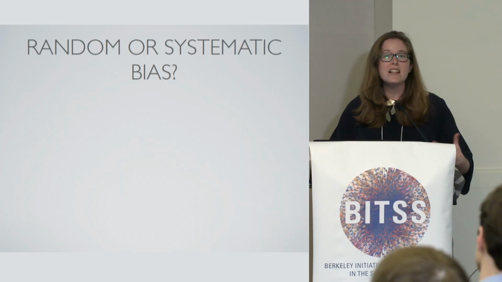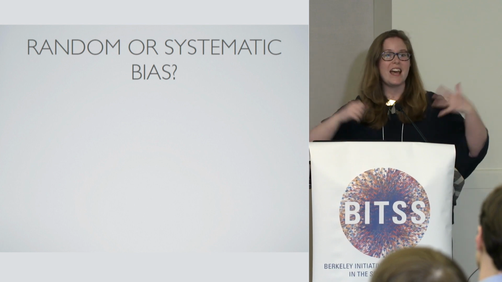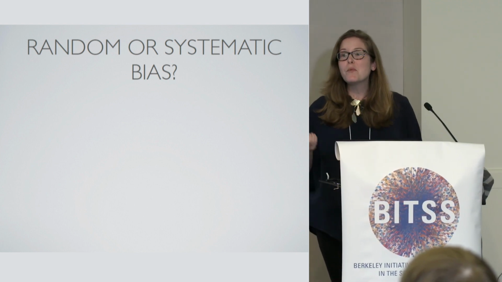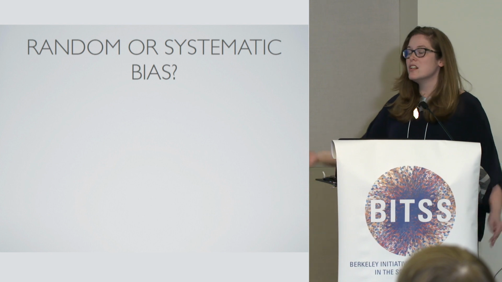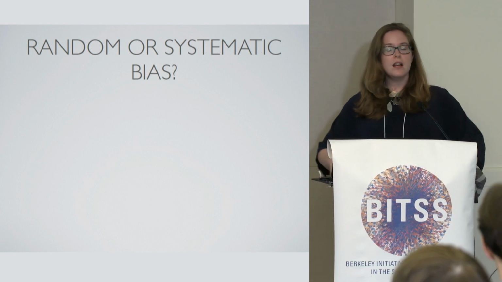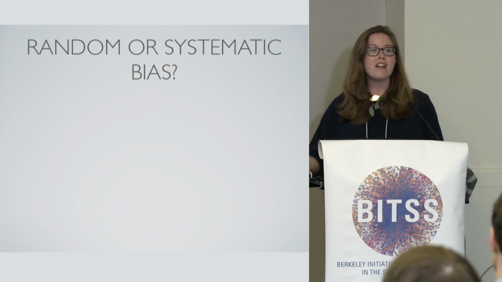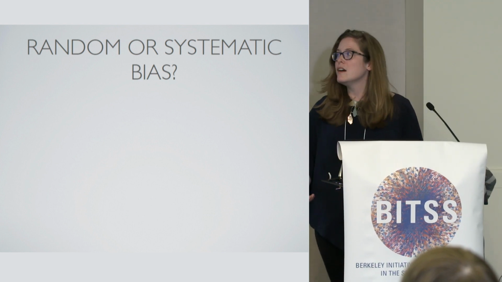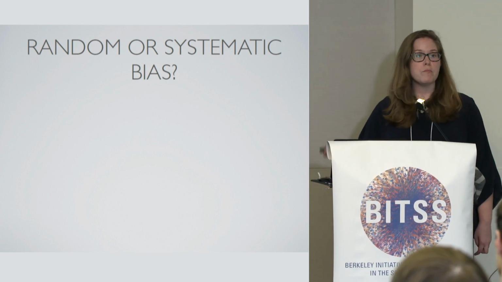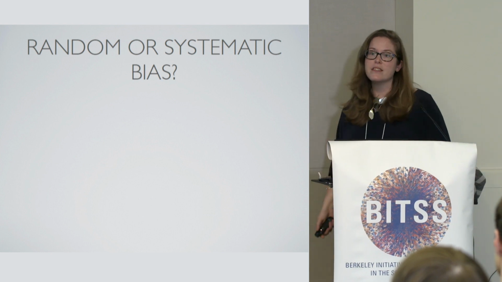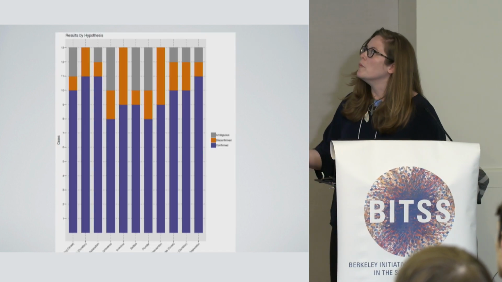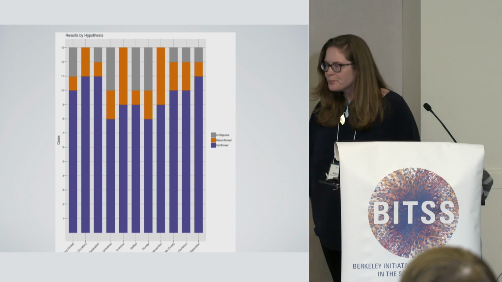So that gives you an idea of what that coding process looked like and our overall findings. But something that we really want to know is not just what's the average rate of confirmation or disconfirmation, but we're also interested in whether or not there's systematic bias. So I'll be showing you the breakdown both by hypothesis and by case. We'll start out with hypothesis.